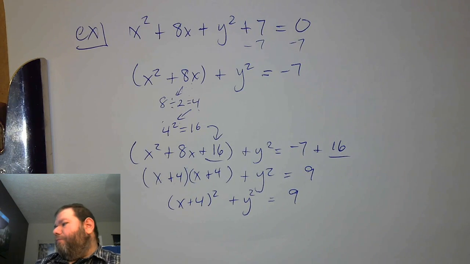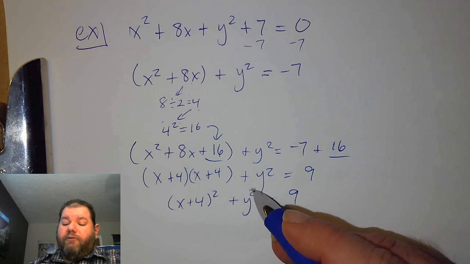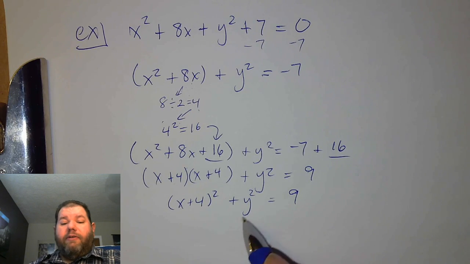Now, this whole time we've been just leaving the y squared alone, which is fine. If there aren't any other y variable terms, then the y squared will just stand for itself. Because technically, it's still squared. This is squared, and this is squared.